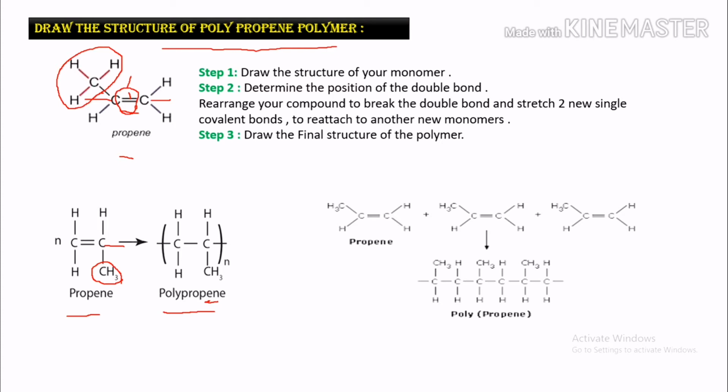So we can draw polypropene by drawing 3 repeating monomers of propene to form our new polypropene. It is the method for drawing the structure of polypropene.